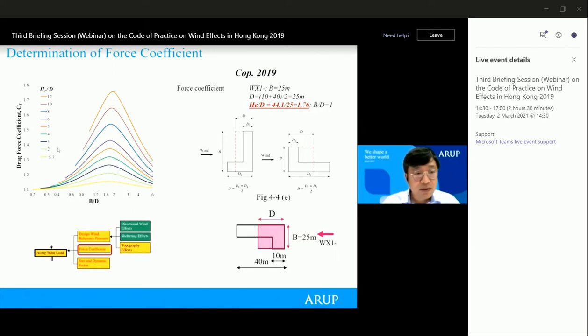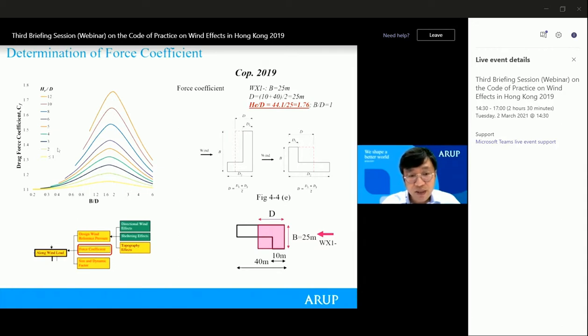And for this case, if we look at the force coefficient graph, it's also related to the H over D, but it's not H. It's the effective building height, HE over D. HE in our case is 44, which is not 90 meters. 90 is the original building height, but the effective building height is only 44.1.